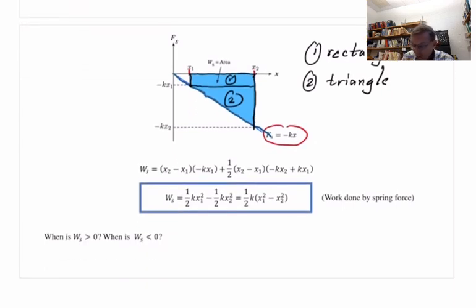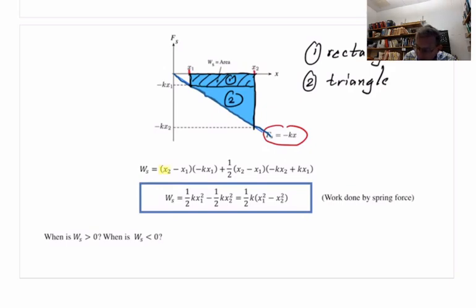Let's do the rectangle first. I need this area right there. Well, the area of a rectangle is length times width, or length times height, whatever word you want to use. The dimension this way multiplied by the dimension this way. Okay, all right. So that area is what we're going to start with.